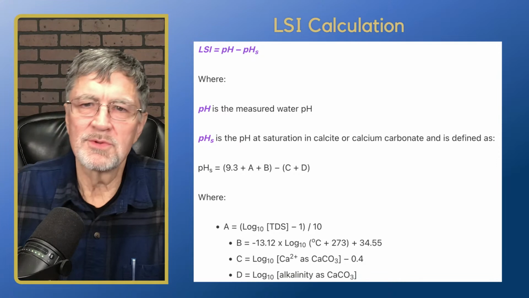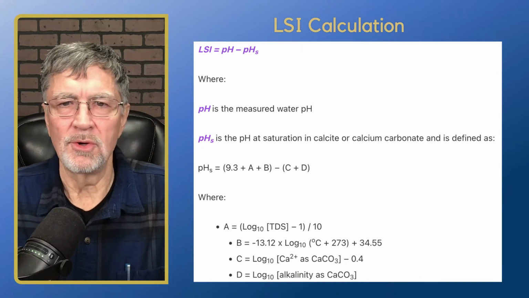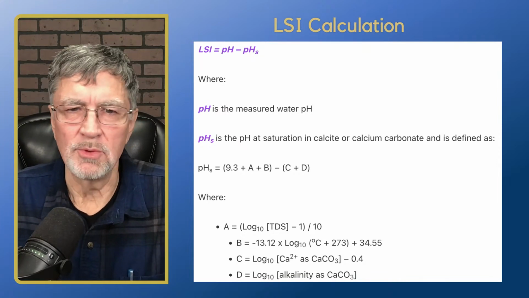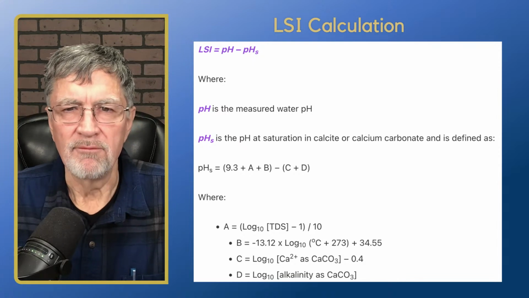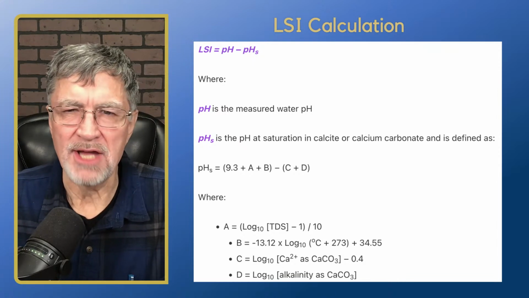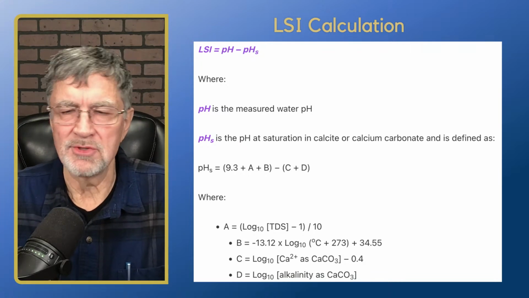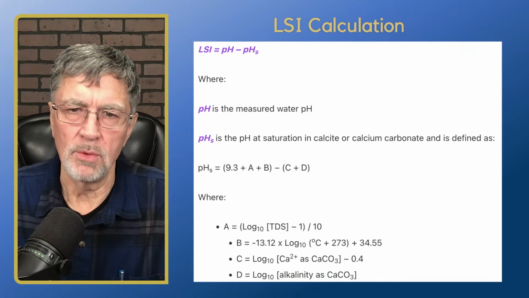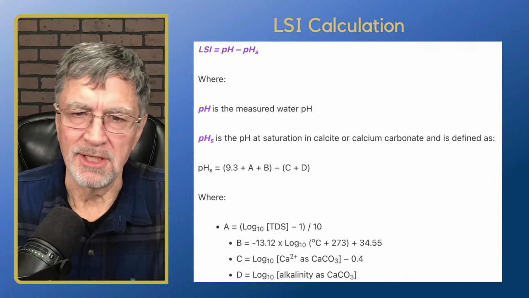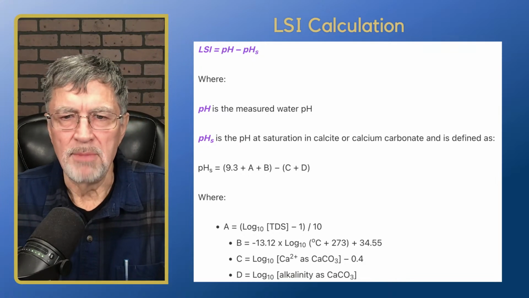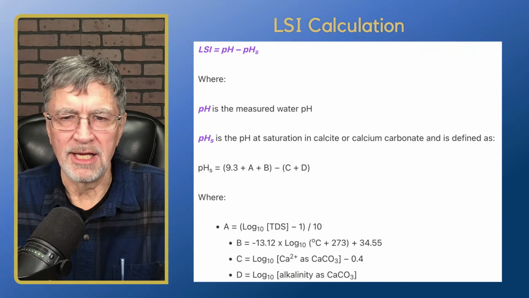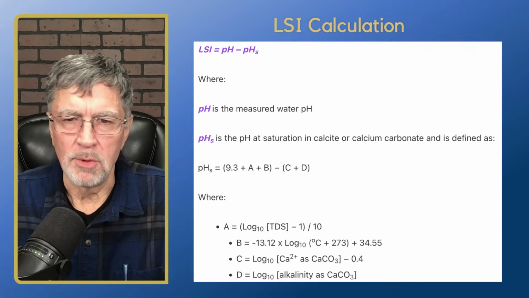So this is the actual calculation here. It's basically the actual pH you measure versus the calculated saturation pH, and that's saturation in calcite or calcium carbonate. So you can see how that's calculated down here below, and basically what that's doing is taking into account the different components there.